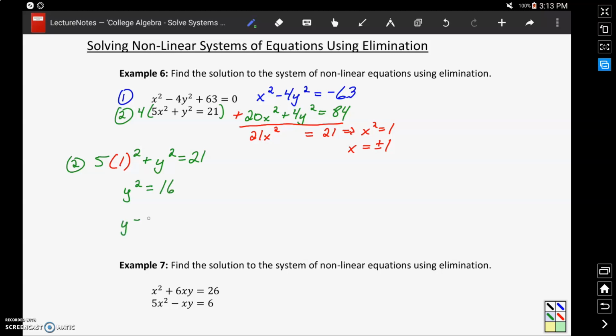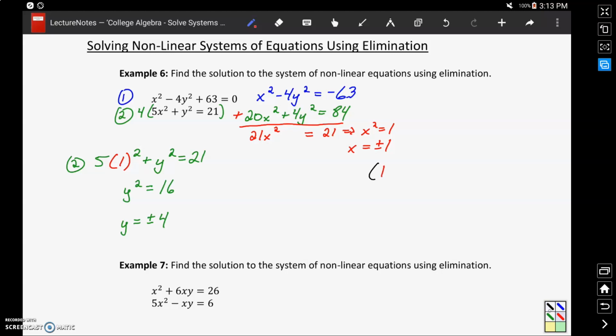Taking the square root of both sides will give us plus or minus 4. So we substituted in a single value for x, and it corresponds to two different values for y. This means we can start writing our solution set.